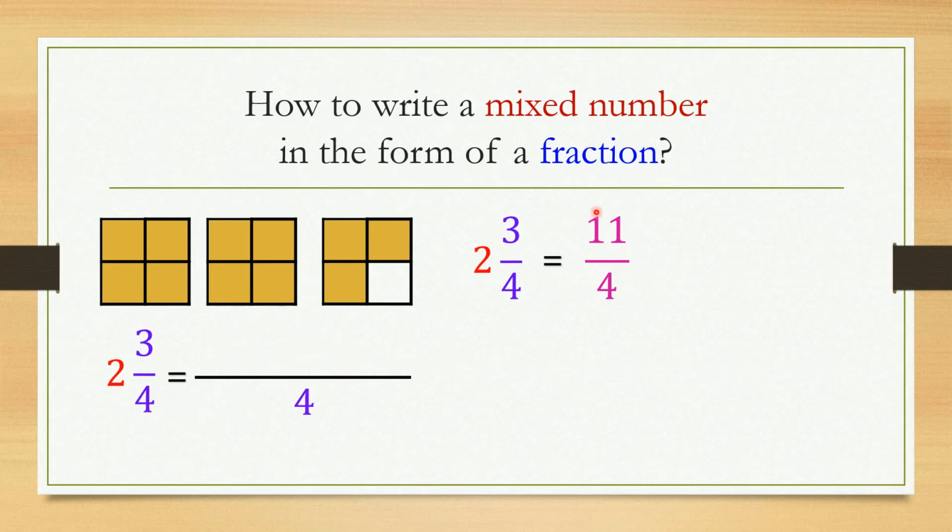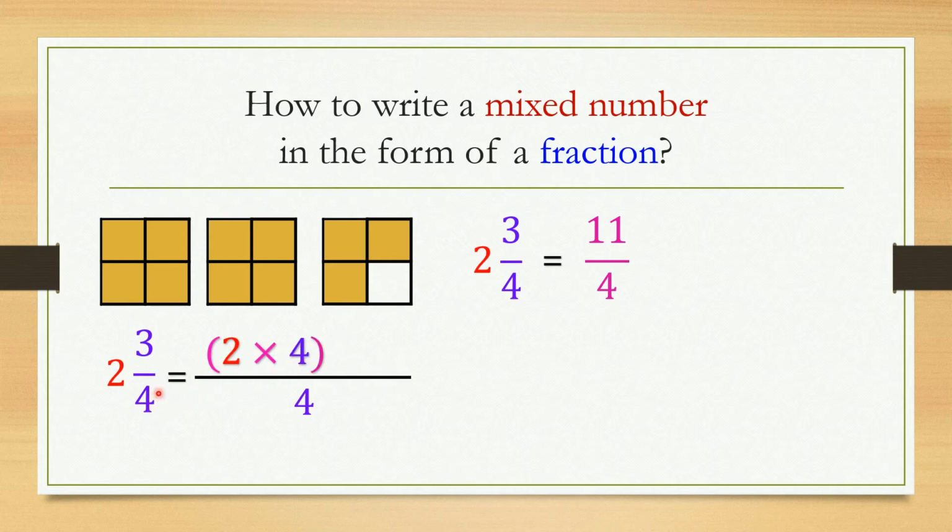How are we going to find the 11? Here, when we found the 11, we counted the colored parts. We did 4 plus 4 plus 3. In fact, 4 plus 4 is the same as 2 times 4. So in fact, we are doing the whole number 2 times the denominator 4. We do 2 times 4 first, between parentheses.